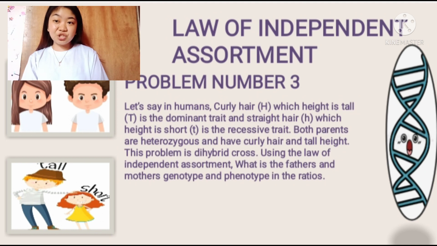Both parents are heterozygous and have curly hair and tall height. This problem is a dihybrid cross. Using the law of independent assortment, what are the genotype and phenotype ratios of the offspring?